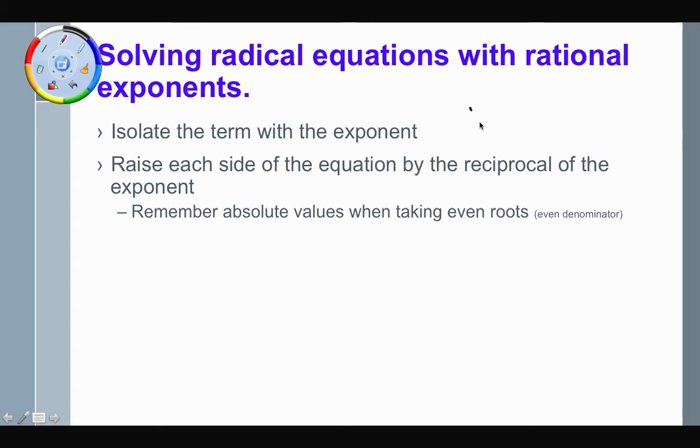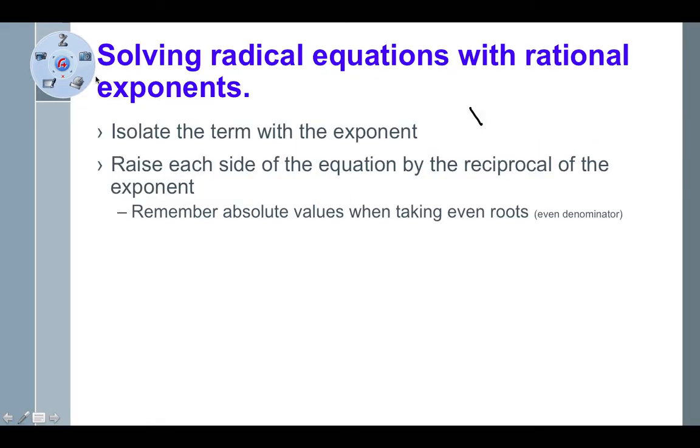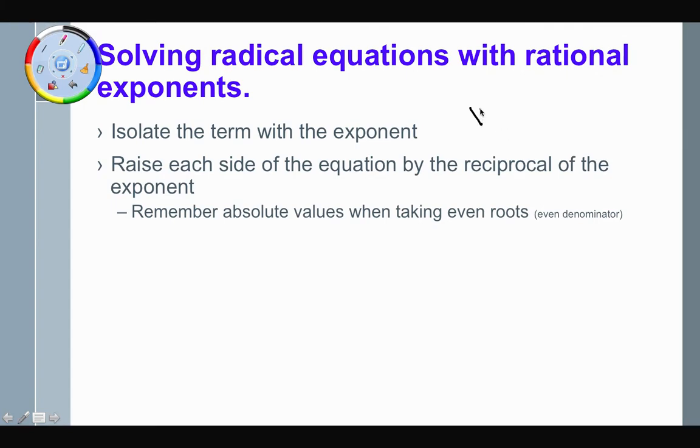If I had x to the power of 2/3 and I raised it to the power of 3/2, this property right here says that we are going to multiply exponents.